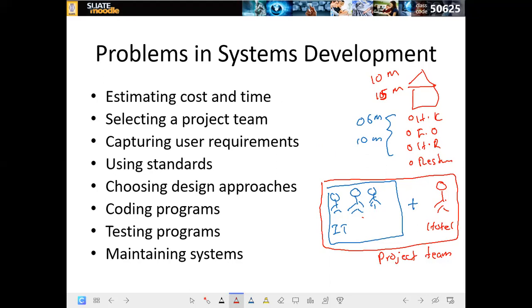So the system must be able to enter a guest with the identity card number also. That requirement is not there because it was not captured by the system analyst at the analysis stage. Such problems can happen. And once the whole system is built, making a change is a very difficult job, students.